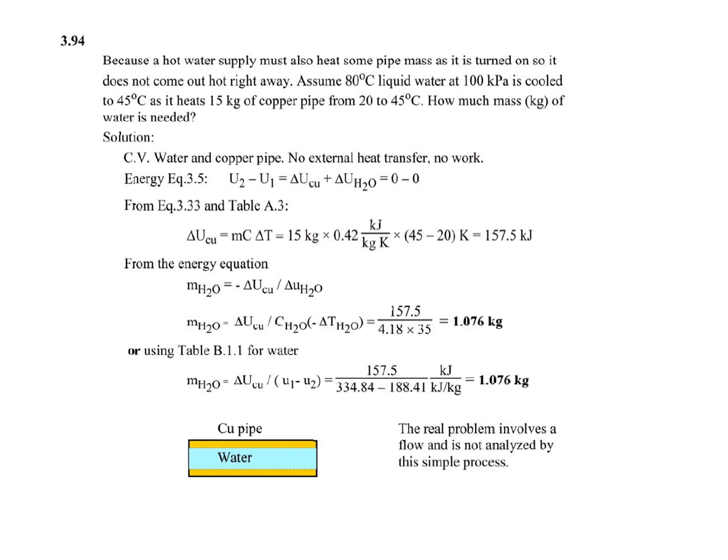In the previous slide it was the copper that was hot, and it was heating oil in the oil bath. So again the direction to solve the problem is the same. The energy being lost from the water is being used by copper to heat itself. So it is the same problem.